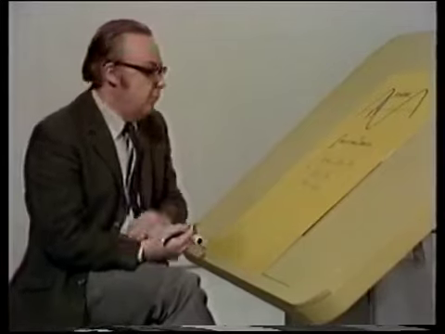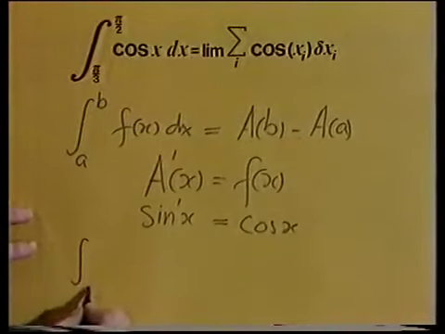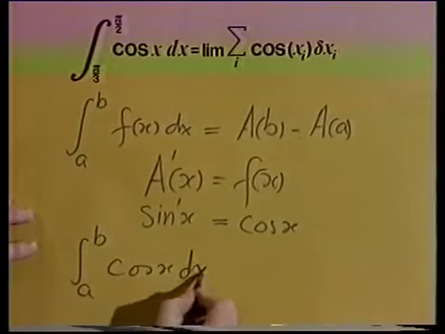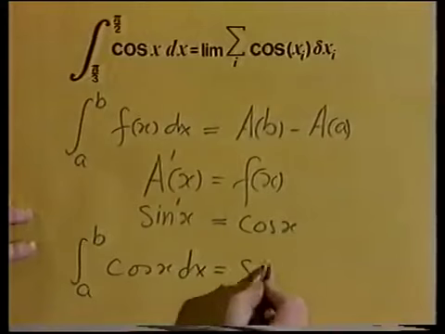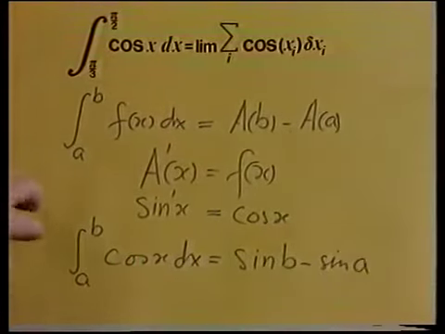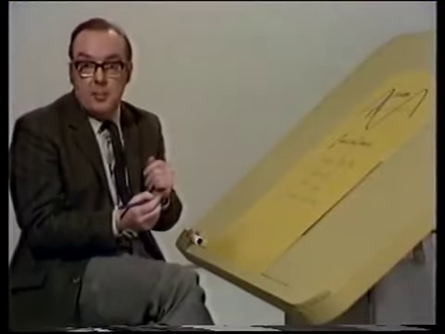Oh, well, now it's easy. The integral from a to b of cos x dx is equal to sine of b minus sine of a, because sine is an area-so-far function. So we've done it for any a and b.